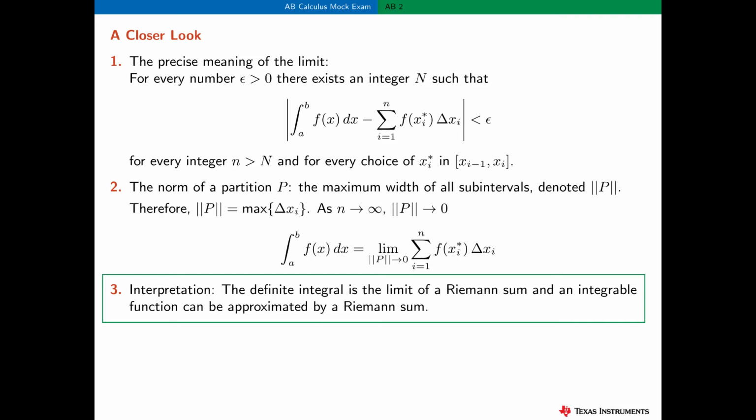Well, except to find the limit of a Riemann sum, which as we all know can be very painful. We still need a quick, efficient way to evaluate the definite integral of f of x from a to b. And in your class, you know that this leads to antiderivatives and the fundamental theorem of calculus.